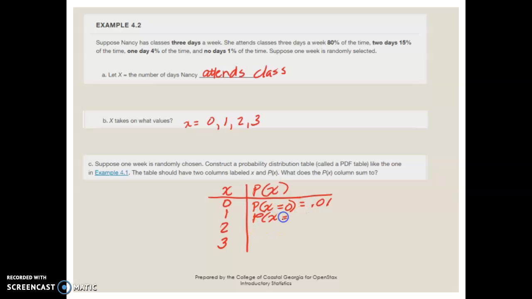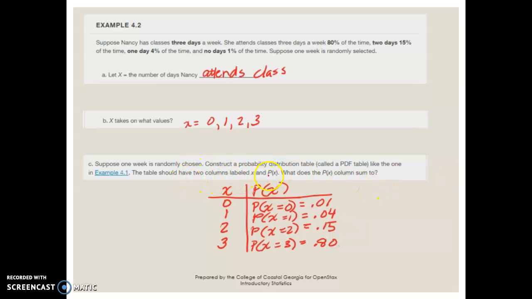Probability that X equals 1, 1 day, is 4% of the time, 0.04. Probability that X equals 2 is 15% of the time. And the probability that X equals 3, she attends all of the classes, is 80% of the time.